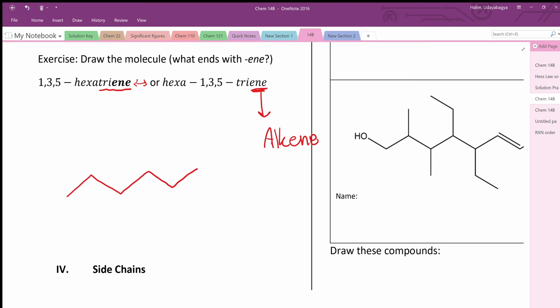Okay. So position number 1, 3, and 5, I have an alkene, and alkenes are double bonds. So position number 1, I have a double bond. Position number 3, another double bond, and position 5, another double bond. There.